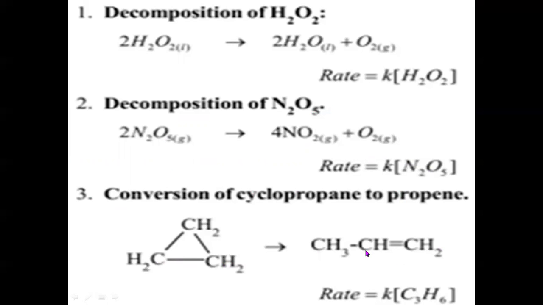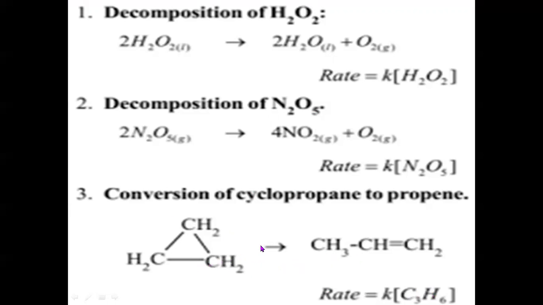Similarly, there can be many such examples like conversion of ammonium nitrate into its constituents. Similarly, we can have any other example or process, a chemical reaction in which the rate of reaction depends on only one reactant.